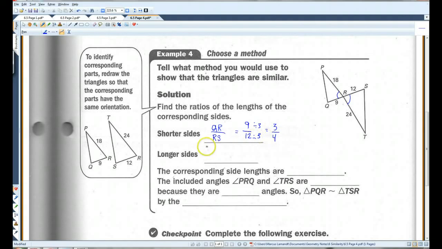The longer sides are PR and TR, or RT. This is 18 and 24. If you divide top and bottom by 6, you get 3 over 4. So the corresponding side lengths are proportional.